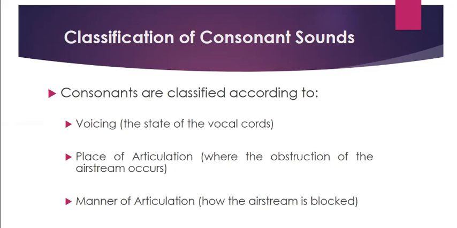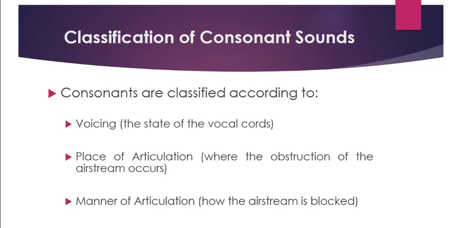Okay, classification of consonant sounds. The consonant sounds are classified, we saw that in the previous chart, into three main different categories. So based on the voicing, which is the state of the vocal cords, if the vocal cords vibrate or don't vibrate, then you're making different sounds.